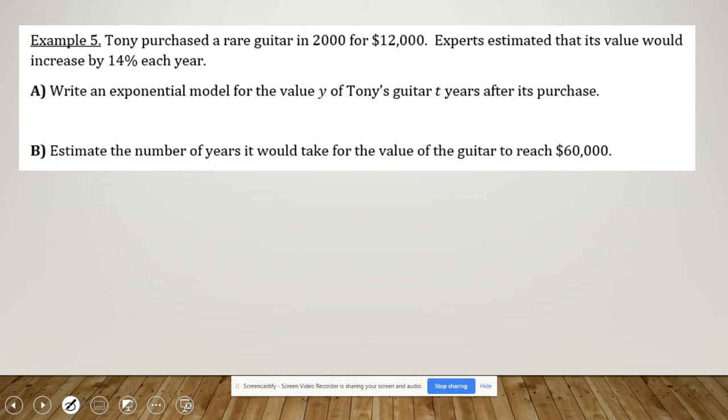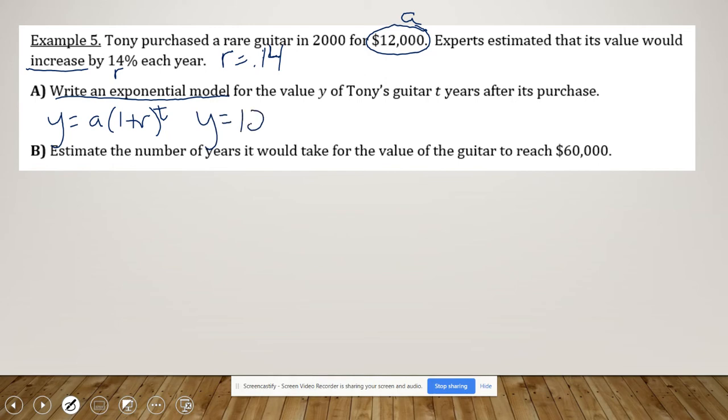All right, a guitar. Bought it in the year 2000 for $12,000. So there's our A. That's our initial amount. The value is increasing, so this is a growth by 14% a year. 14% is our rate. If I move my decimal twice, that's 0.14. So write the exponential model. We're using the growth model because of the increase, which is this.